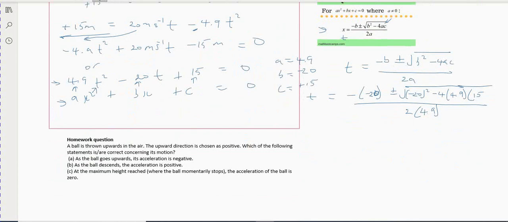Now let's just do some mathematics here. Clearly, you can just go ahead and work it out to see what it becomes.